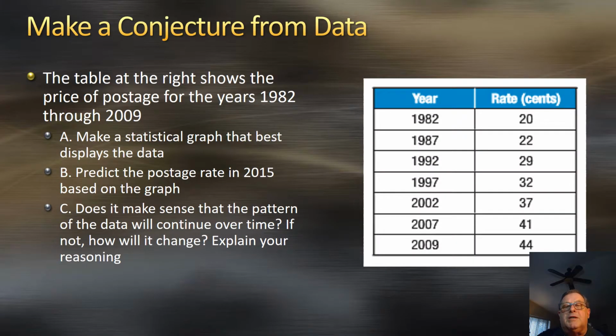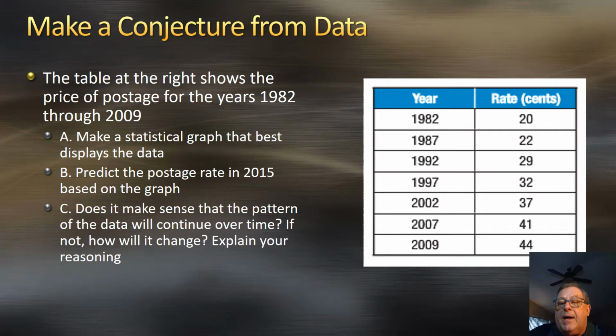Well, we're considering reasoning and proof, and this is laying the groundwork that we'll use to develop proof statements as we continue along through our course here in geometry. And we start off with inductive reasoning, where we're looking for a pattern, maybe in some data or maybe in objects or whatever it may be.